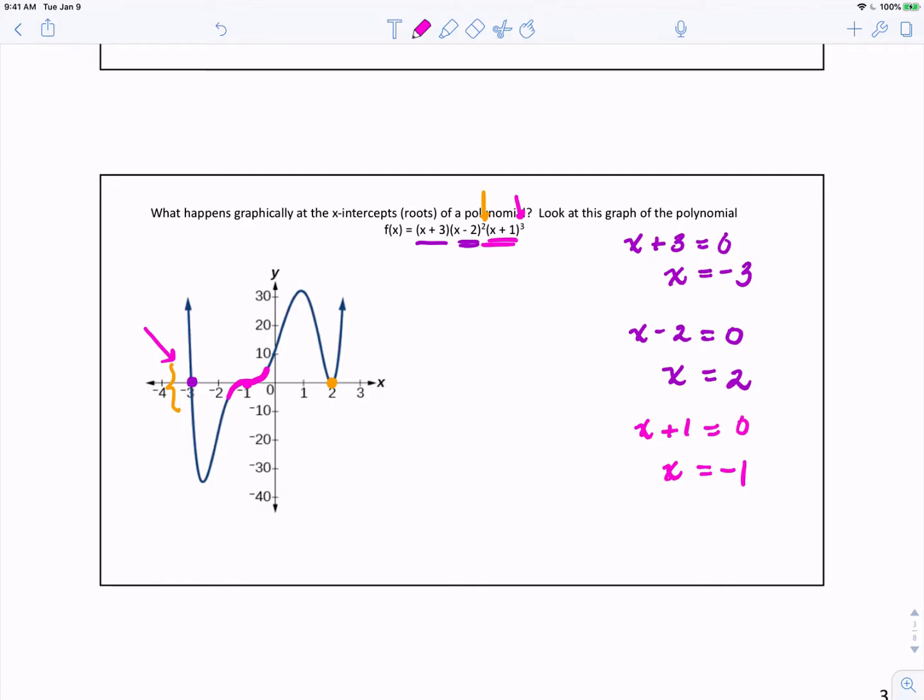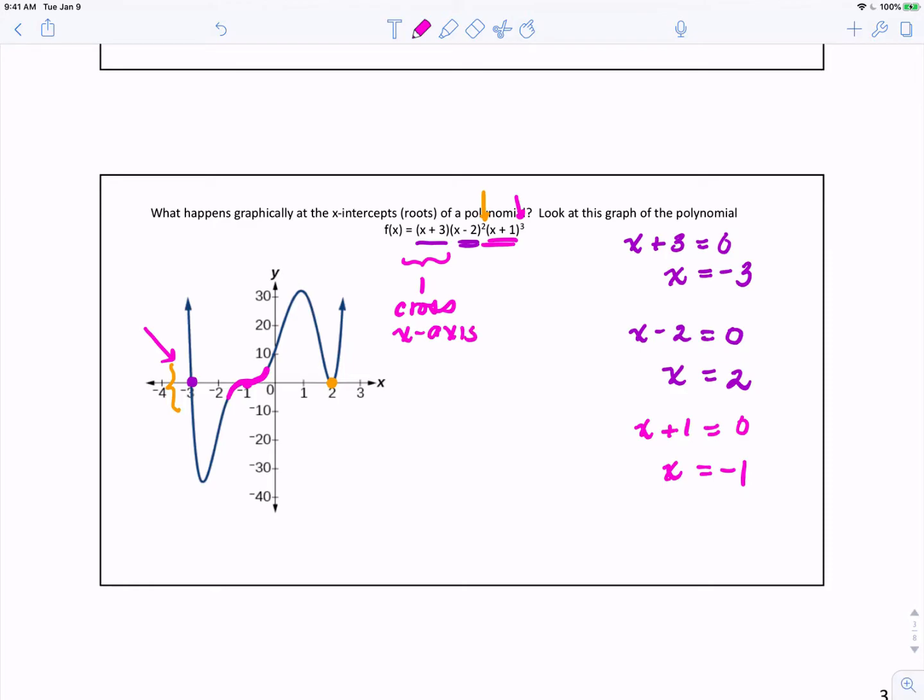So the effect on the graph depends on the multiplicity of the root. If you have a single power, for example x + 3, the line will cross the x-axis.